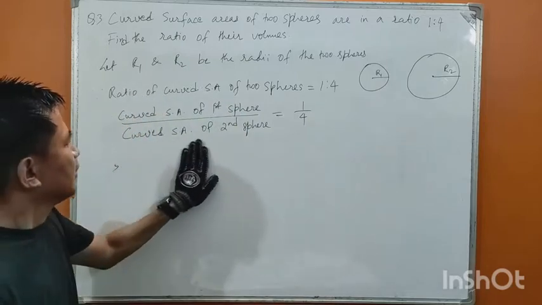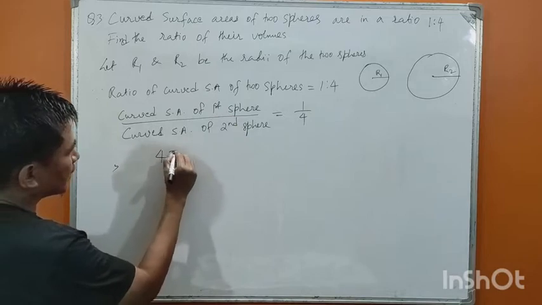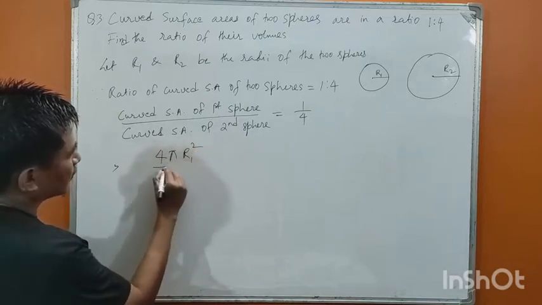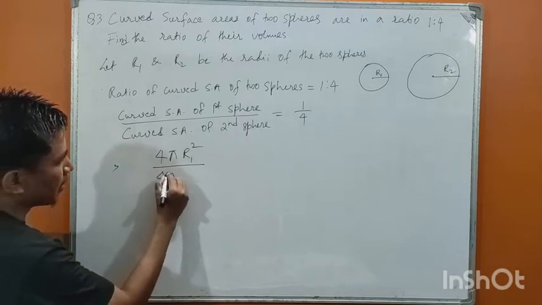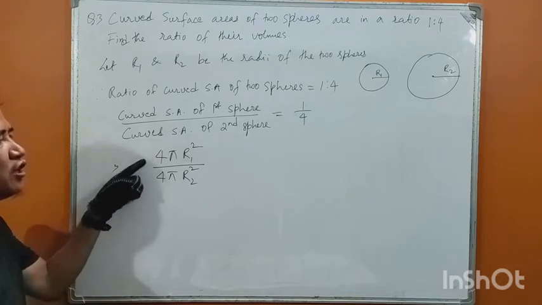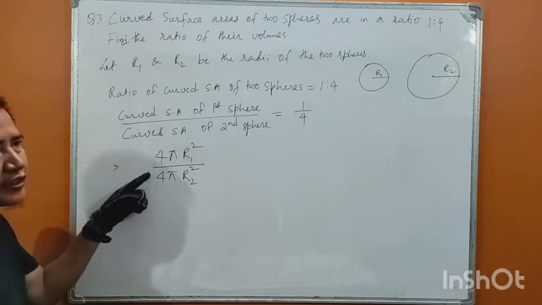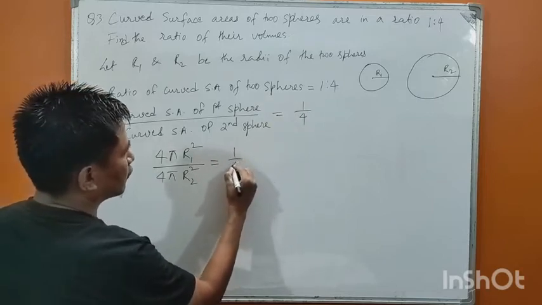So curved surface area of the first sphere is 4 pi R1 square, and curved surface area of the second sphere is 4 pi R2 square, isn't it? So this is the ratio of the curved surface area of the two spheres, equals to given 1 upon 4.